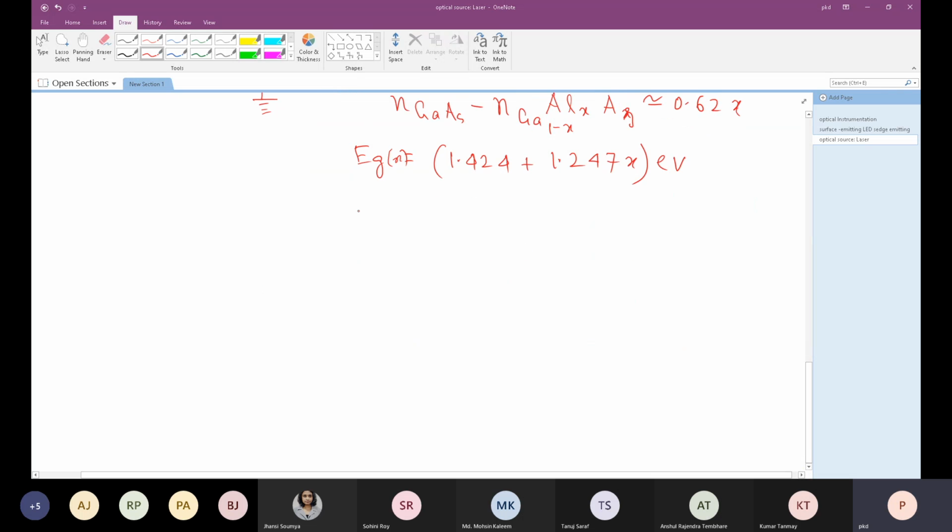So delta Eg, which is responsible for the carrier confinement, would be approximately 1.247x.